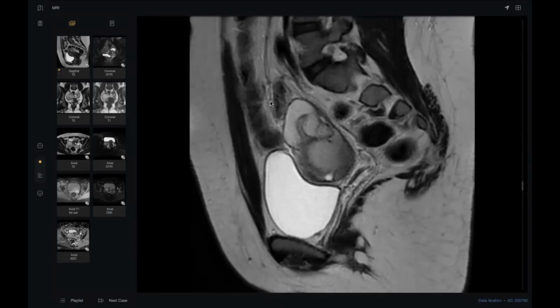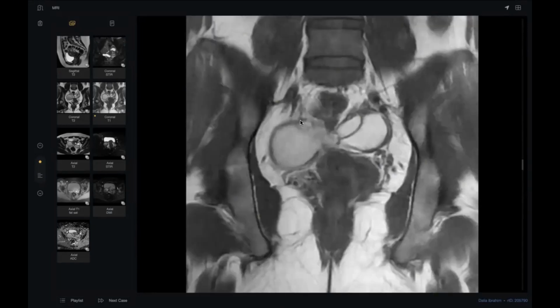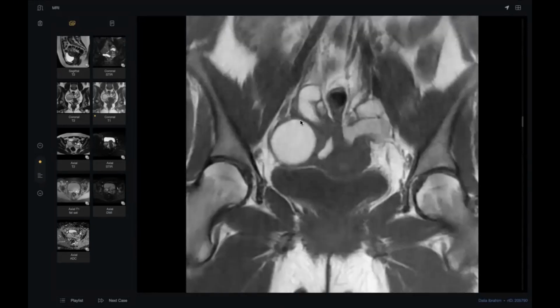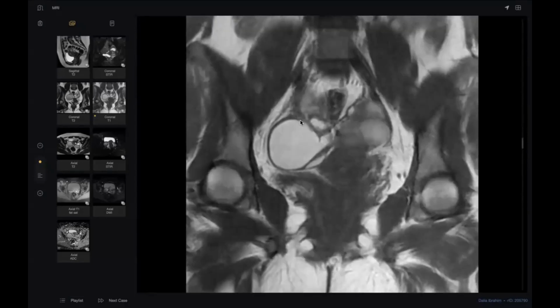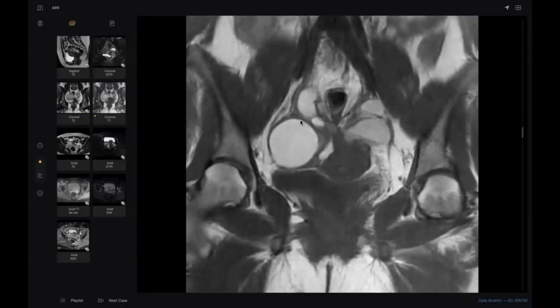And I would like to confirm the signals on the T1 weighted image to see whether it is hematosalpinx or simple hydrosalpinx. On the T1 weighted images, I can appreciate bilateral posterior adnexal masses showing hyperintense signals. The medial parts of both lesions are touching each other and abutting the posterior wall of the uterus as well.